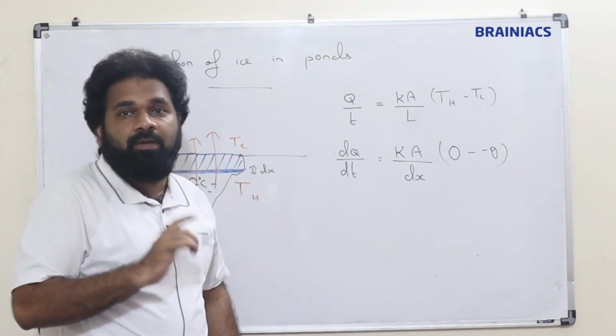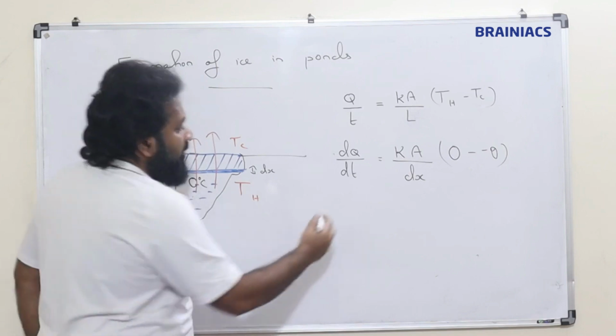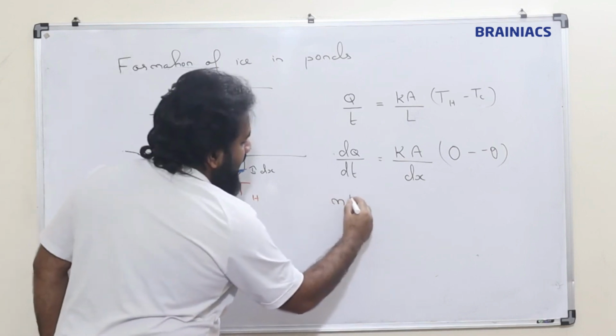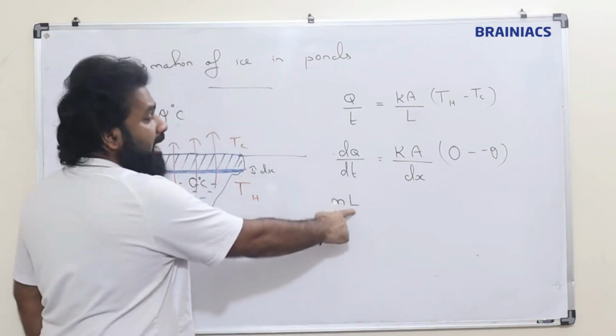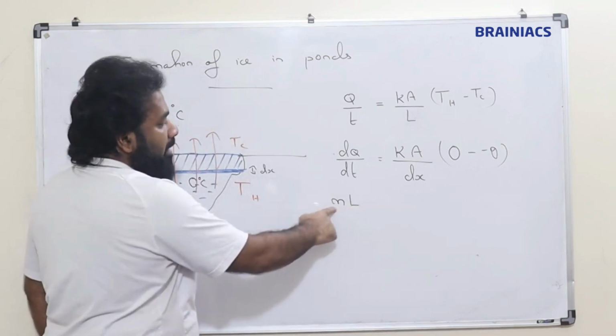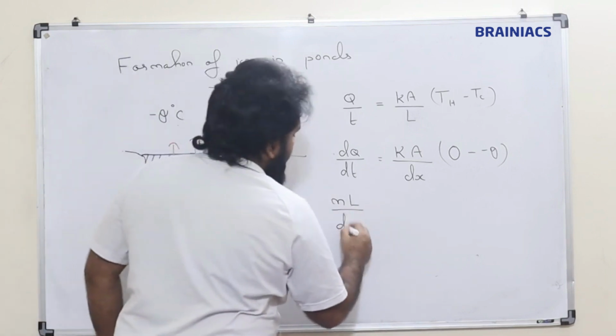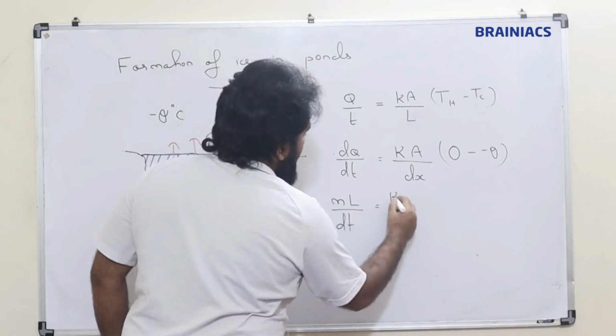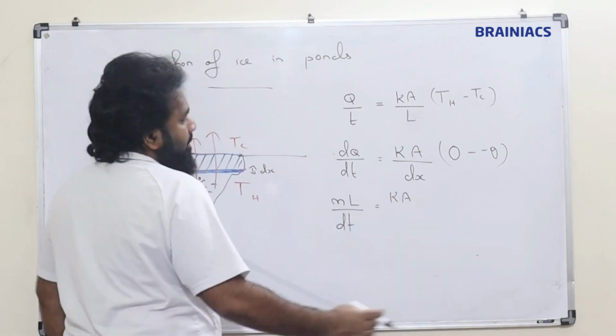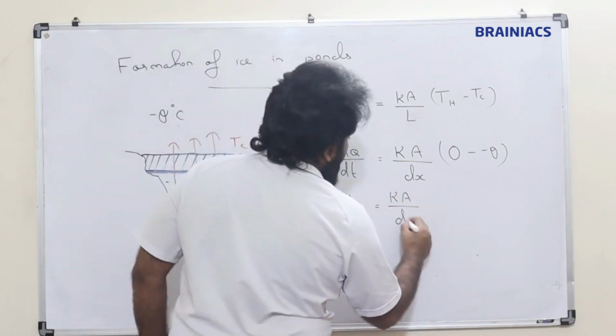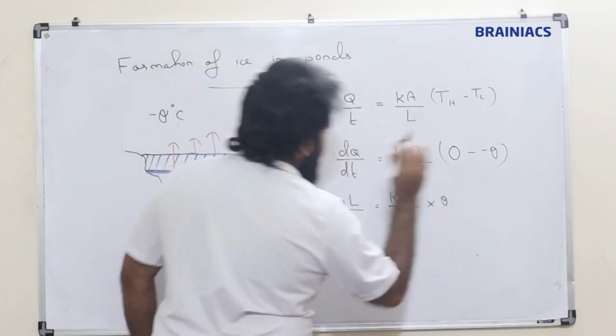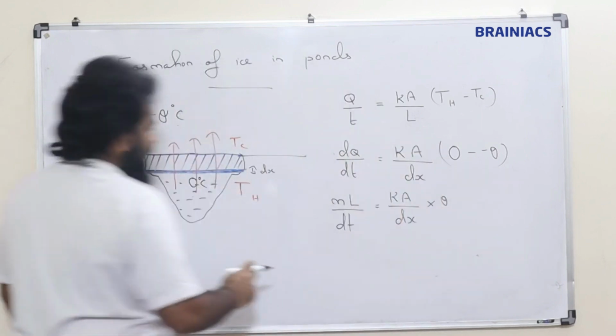What is the energy required for the formation of ice? We can write mL, latent heat of fusion times mass, divided by dt is equal to KA divided by dx into theta.